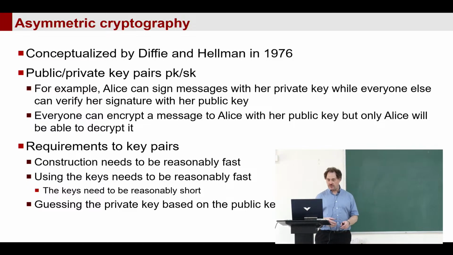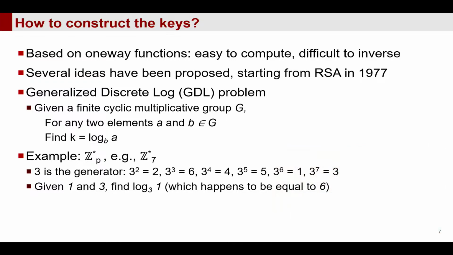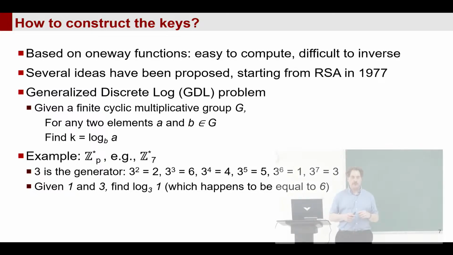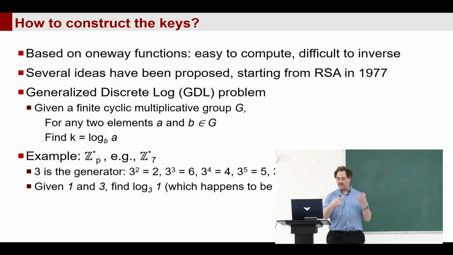How do we achieve this hardness? How do we construct the keys? So the hardness of guessing the private key is due to the existence of what's called one-way functions. And again, there is heavy math involved, but I'm just giving an overview. The gist of the one-way functions is that they're fast to compute, but it takes a lot of time to invert the function.